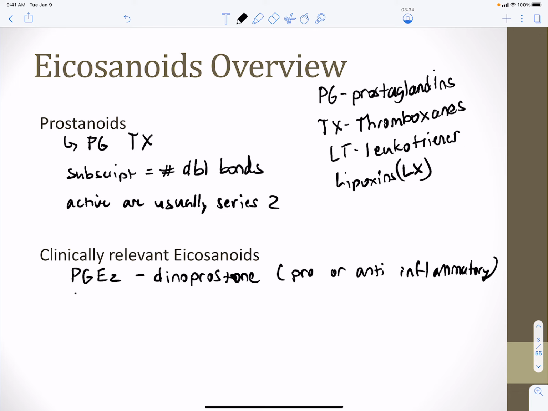And then we have thromboxane A2, which stimulates and activates platelets and helps facilitate platelet aggregation.